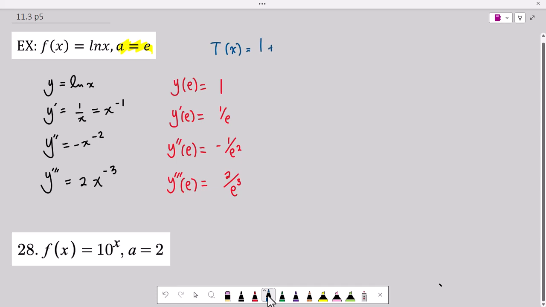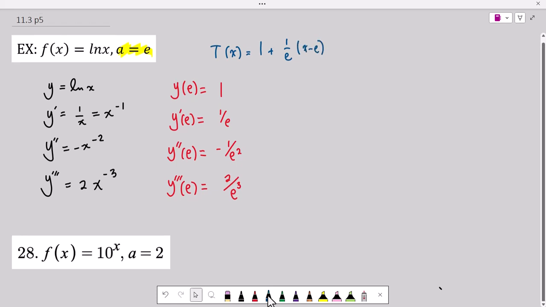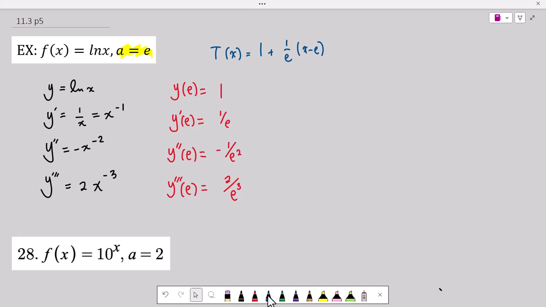So 1 plus 1 over e times x minus e. So those are our first 2 terms. That's also known as the tangent line. Minus 1 over e squared times 2 factorial times x minus e to the 2.